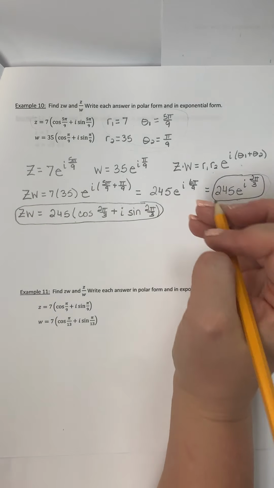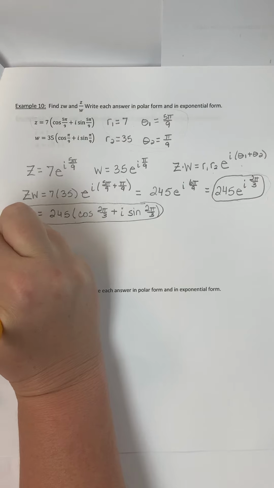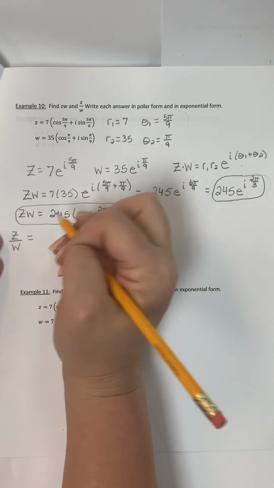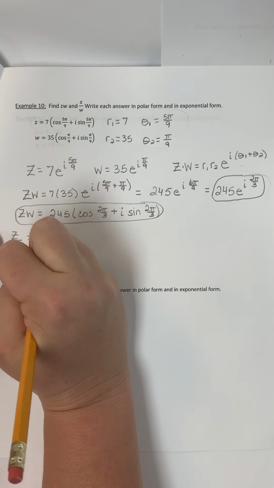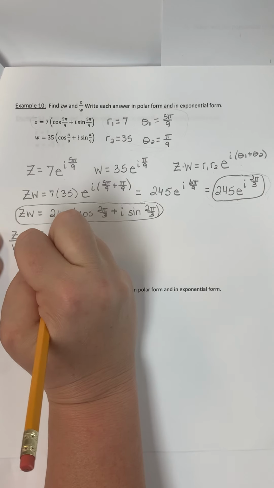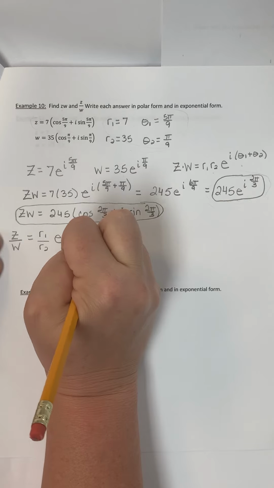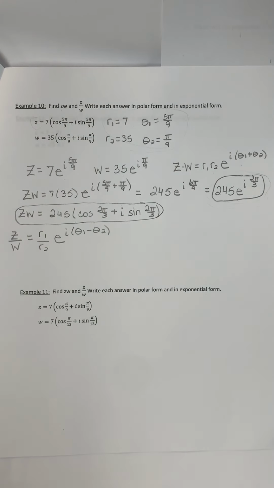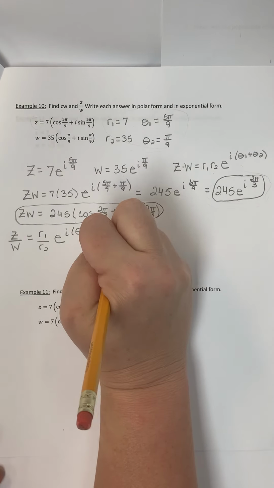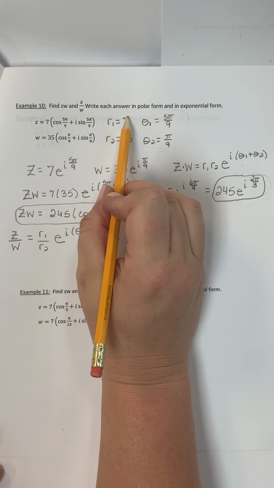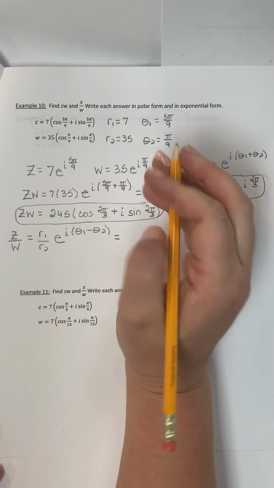Now let's talk about z divided by w. This is going to be r1 divided by r2 times e to the i, theta 1 minus theta 2. So we're going to have 7 divided by 35.